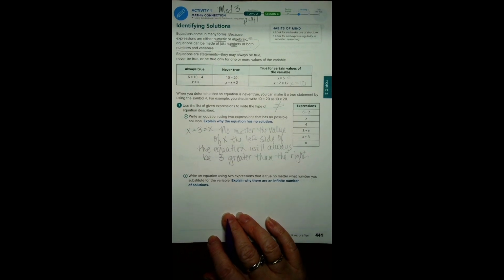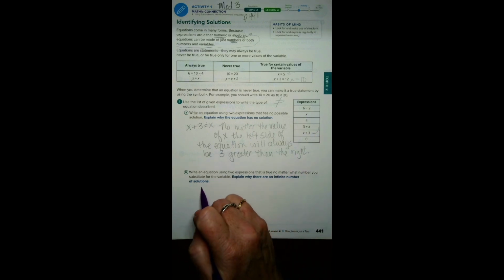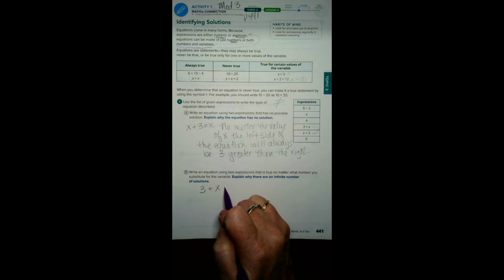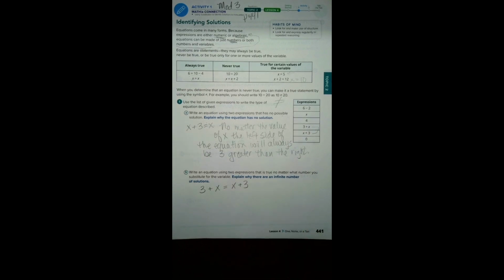And it says write an equation that is true no matter what number you substitute for the variable. So I see 3 plus x equals x plus 3. No matter what I put in for x, I'm going to end up with the same value on the left as I do on the right.